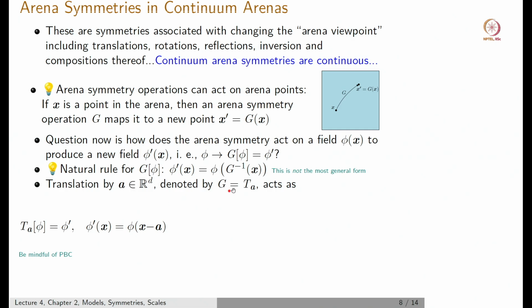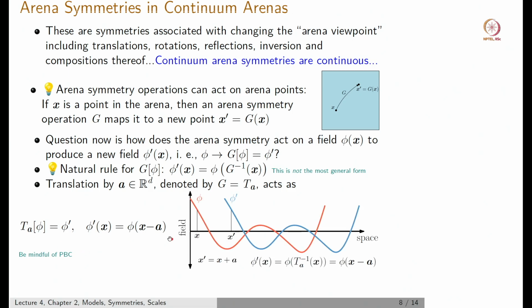So this G here is T_a, and it acts as follows. When T_a acts on a field phi, it gives me a new field phi prime. The rule to get this is that phi prime of x is phi of x minus a. Why is it phi of x minus a? x minus a is the point in the arena which would be mapped to this point x by the translation a.